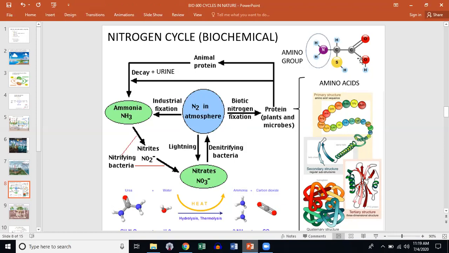There are about 20 amino acids that occur naturally in nature, and they're like intermediate molecules. They have this configuration generally, and then there are carbons here, oxygens, there's sulfur, and then there's this nitrogen. There can be a chain here of different molecules.